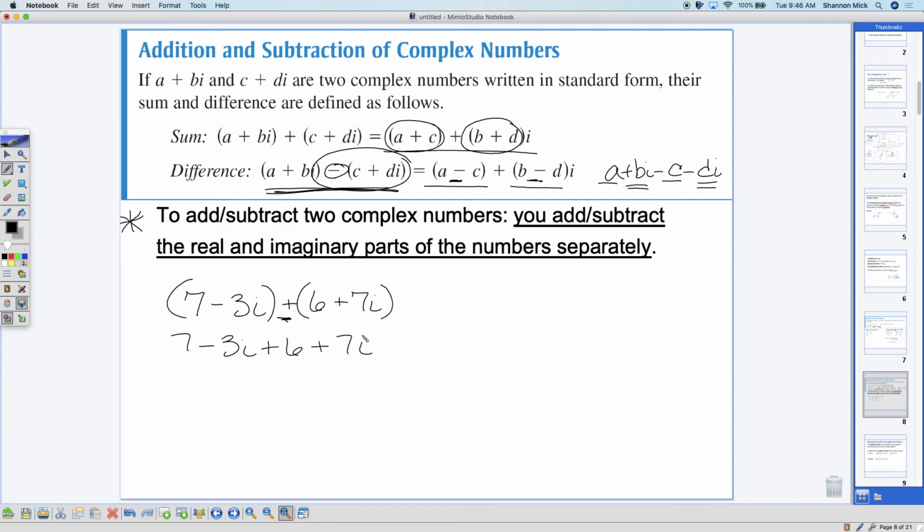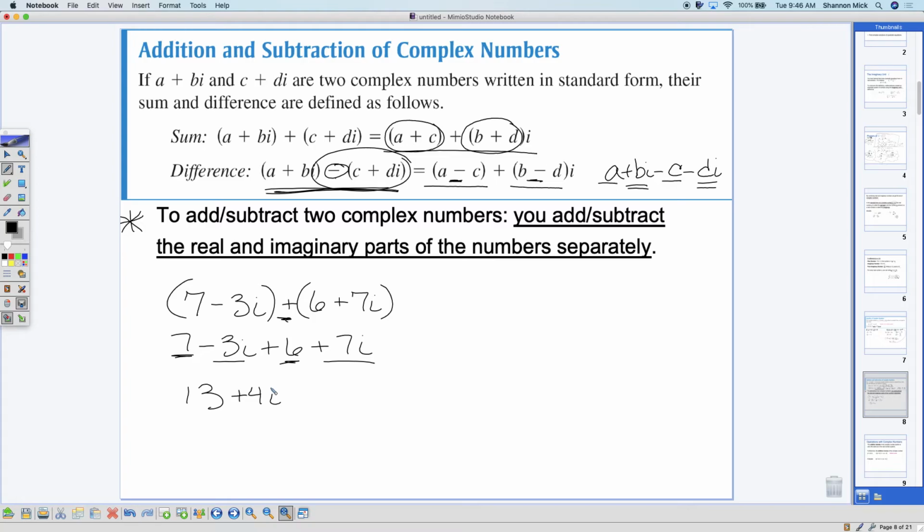What are your real parts? 7 and 6, so you get 13. And I get negative 3i and positive 7i, so I get 4i. All I'm doing is combining like terms. That's why I kept telling you. All it is is combination of like terms.